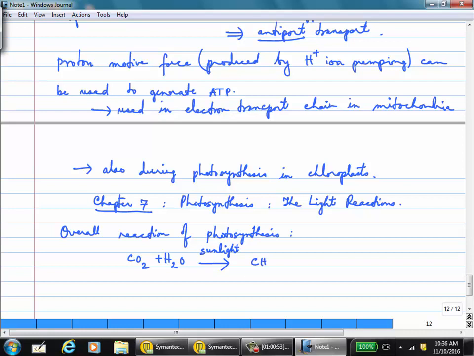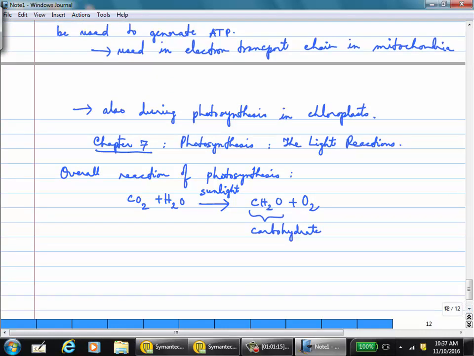It gives you CH2O, that's a carbohydrate, carbon plus water, right? So if you have 6 molecules on either side, you will get glucose, right? So CH2O plus oxygen. Oxygen is released, and this is a carbohydrate. Now this reaction can be divided into two parts.